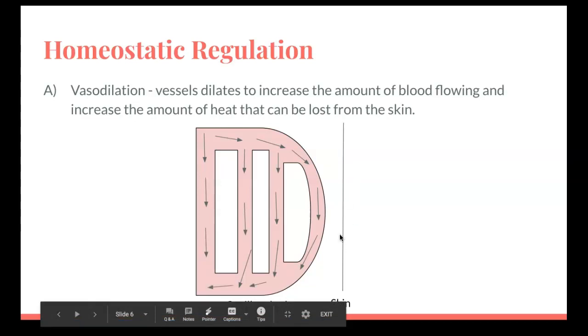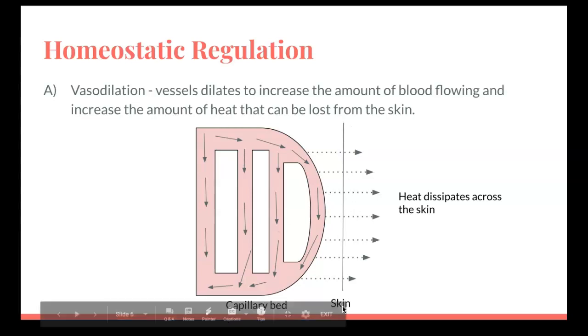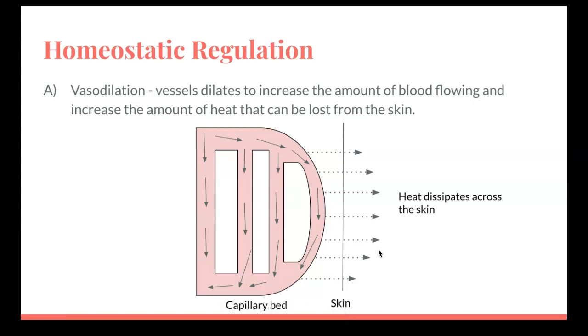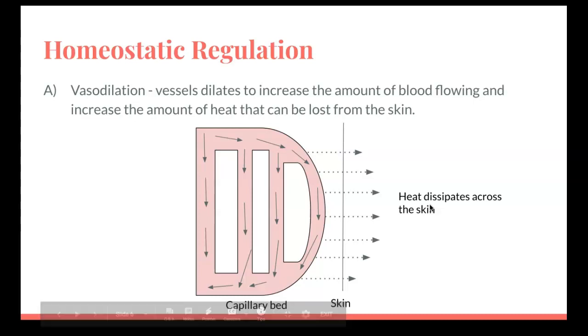When that happens and blood flows really close to our skin, some of that heat dissipates across the skin. Dissipates just means basically that it goes across and disappears into the atmosphere. We also use sweat to help with this process. We would be sweating on the outside of our skin, and then the sweat would evaporate, and that's what helps with the dissipation of heat, because the heat will be trapped within the sweat and it evaporates off our skin into the atmosphere.